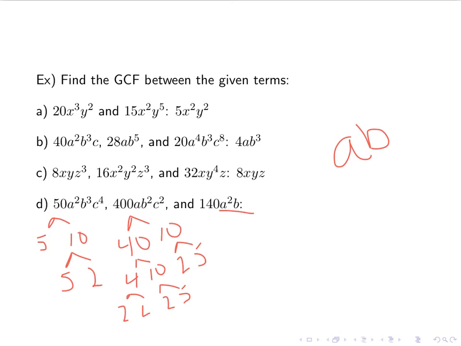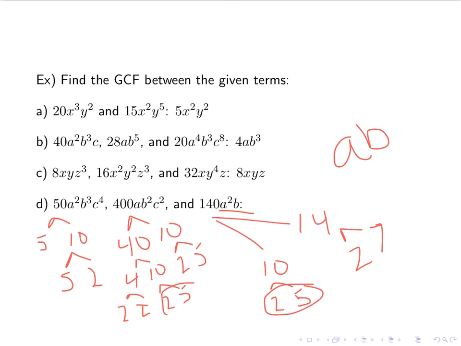And we have another 2, 2 from the 4. So there's lots of factors in 400. 140 is 14 and 10. 10 is 2 and 5. 14, 2 and 7.